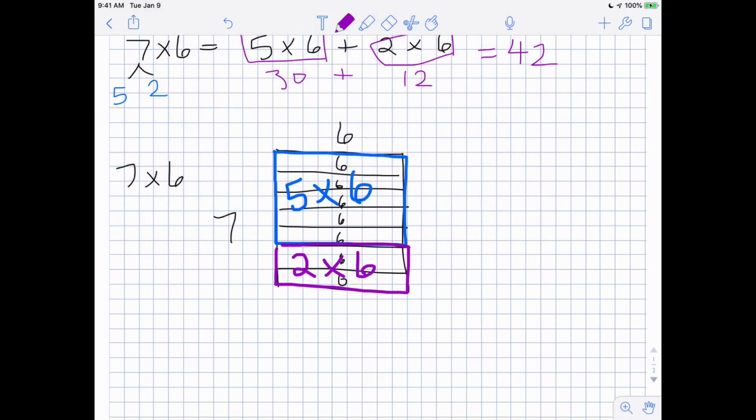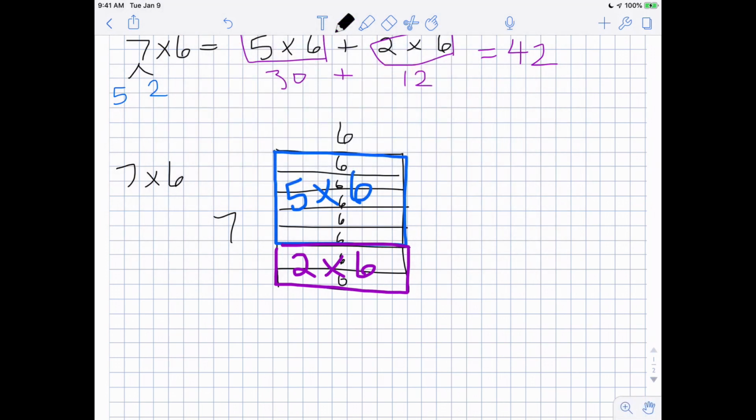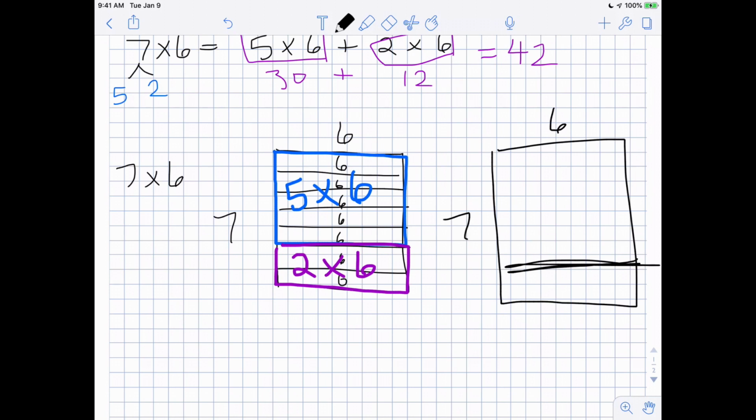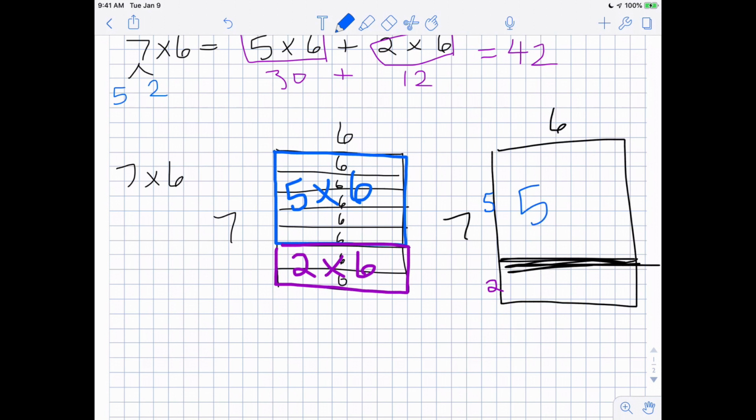So we could think of it as that area model. All right, so kind of making it tidier. Here's our 7 by 6, and we can cut that up right here to make 5 and 2. And so all of a sudden we get 5 by 6 here, and then we get 2 by 6 here, and that's how we could get it.